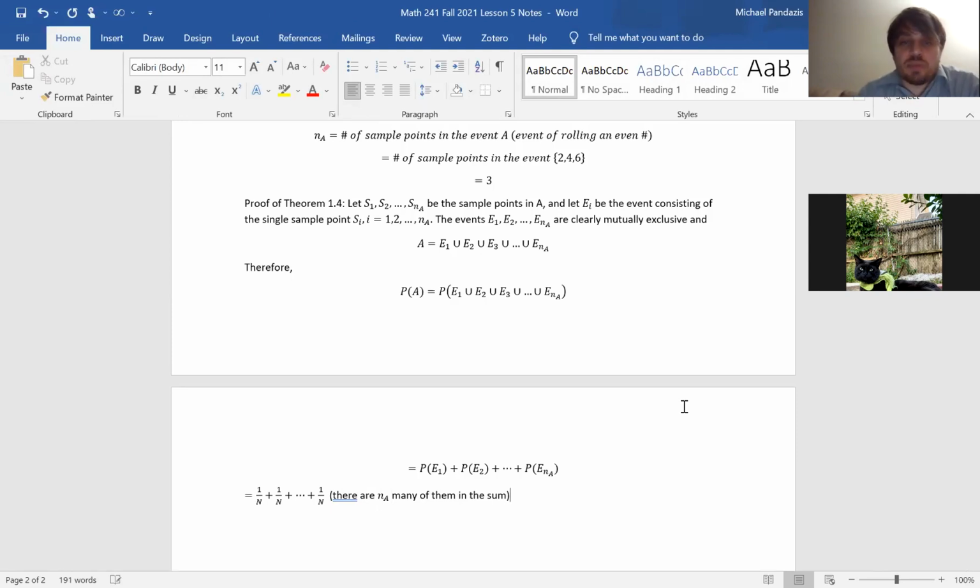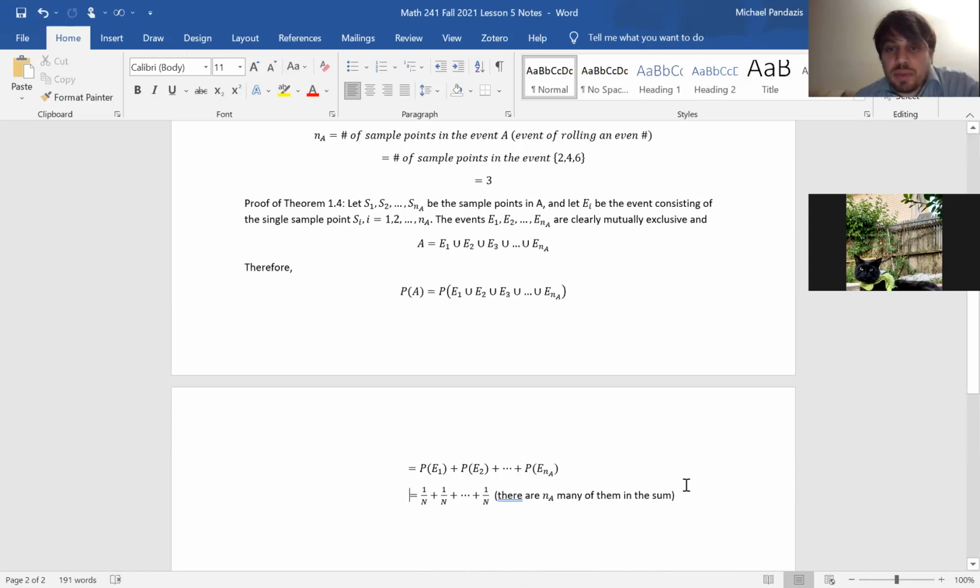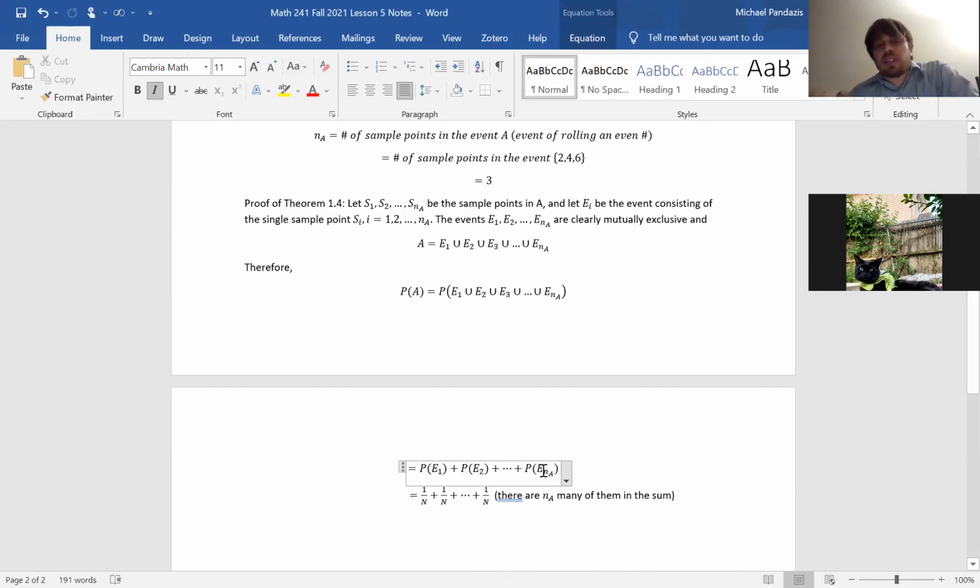Okay. So each of these probabilities has probability 1 over capital N, but there are n sub a many of them in the sum because we're adding the probability of E1 plus the probability of E2 up to and including the probability of E sub n sub a.